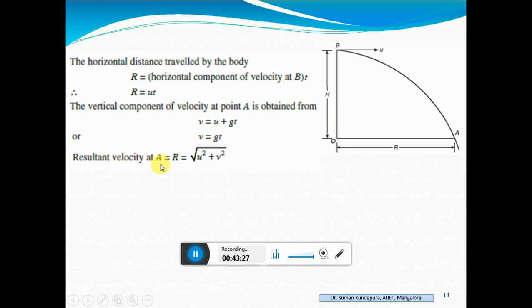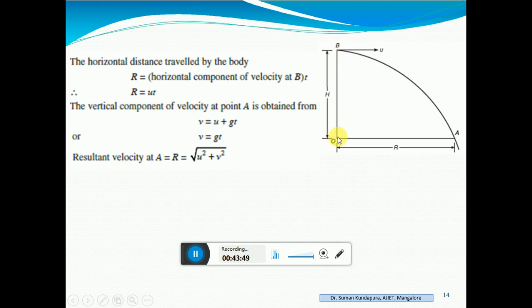You can find the resultant velocity of v and u by taking the square root of u square plus v square. So you need to remember these formulas when an object is thrown from a height h from the ground.